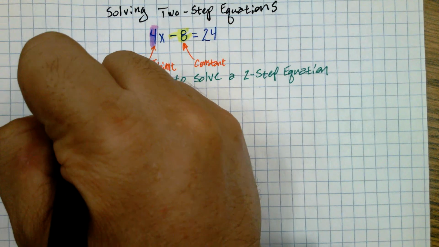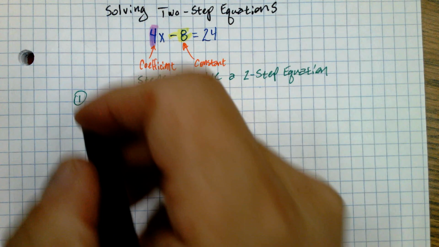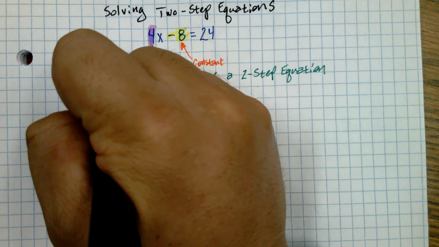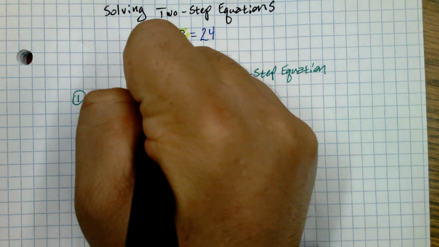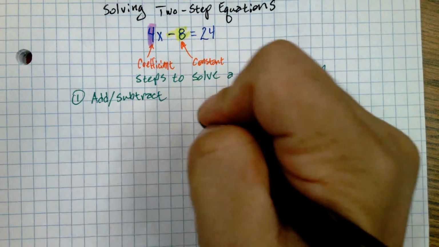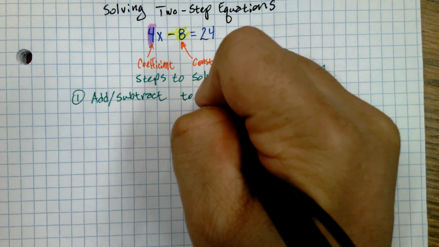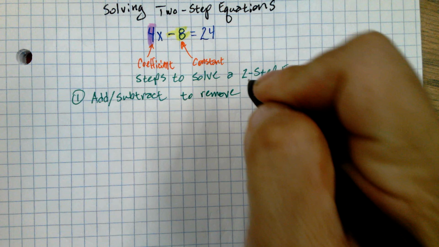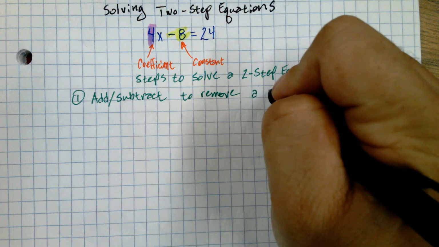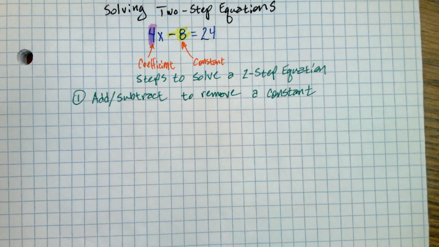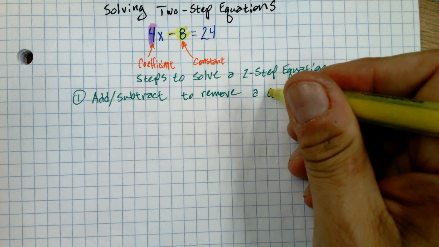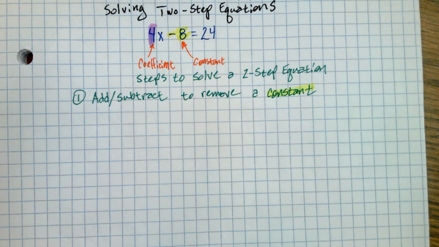All right, here we go. Step number 1. You always add or subtract to remove a constant. So the first thing we always want to do in this order is add or subtract to remove a constant.